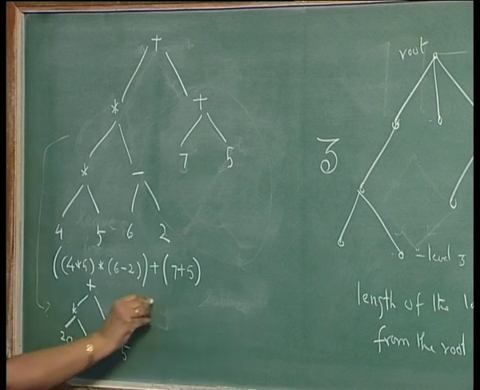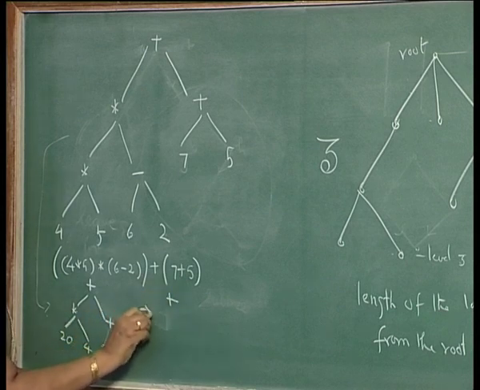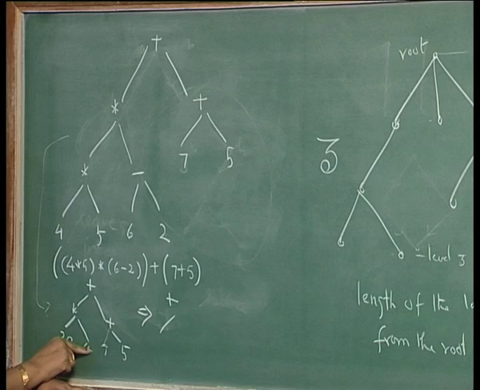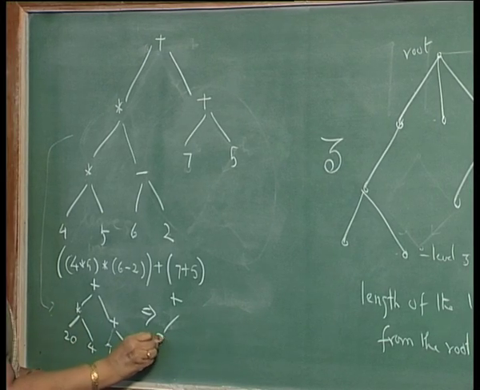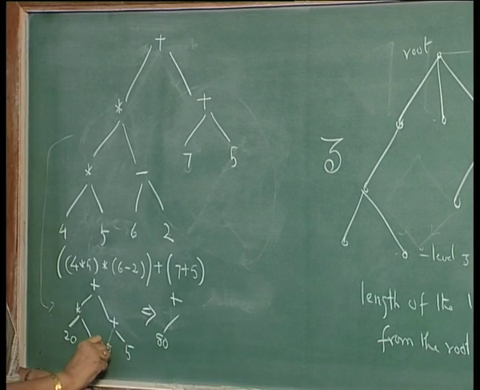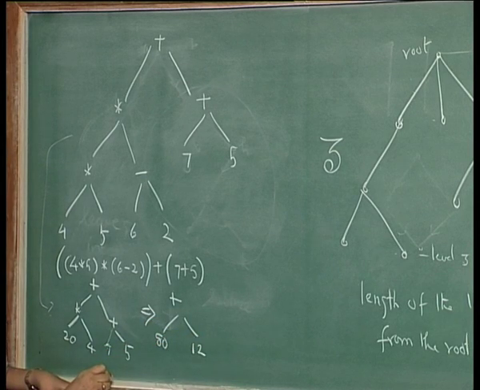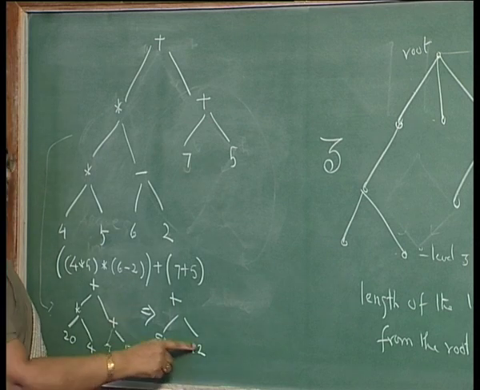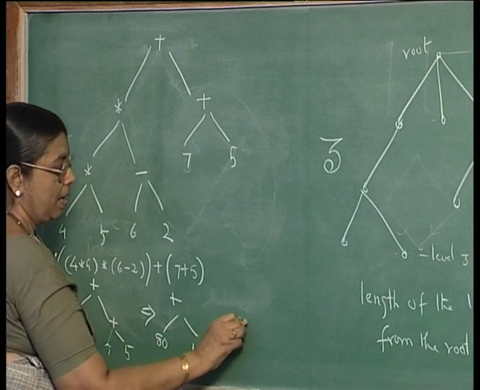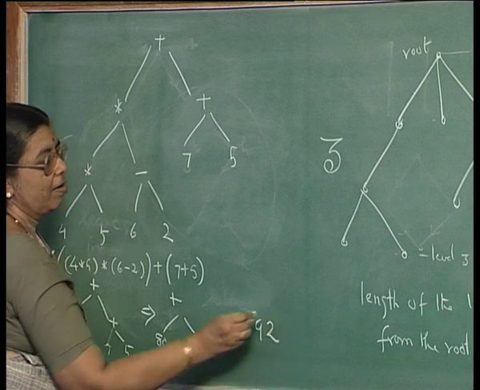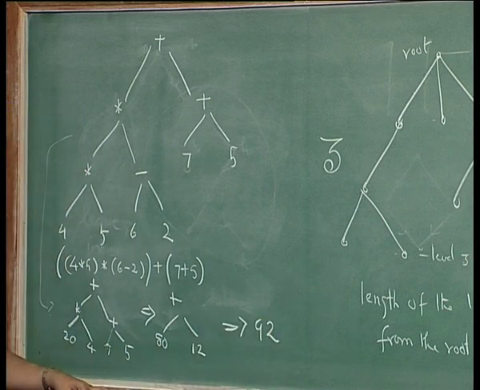So, this evaluates to 20 into 4, 80, and 7 plus 5 is 12. Now, this evaluates to 80 plus 12, 92. So, the arithmetic expression evaluates to 92.